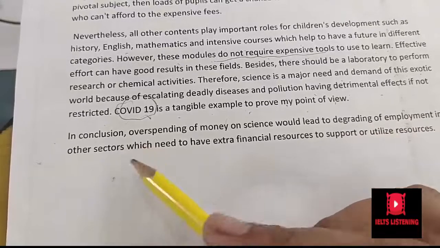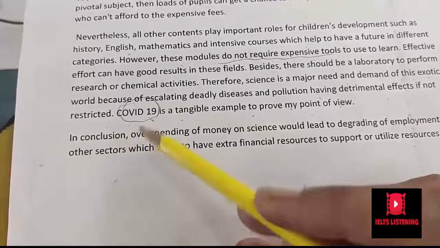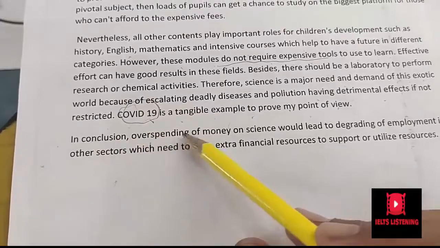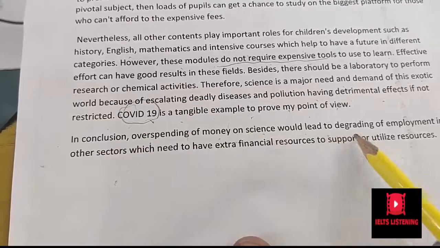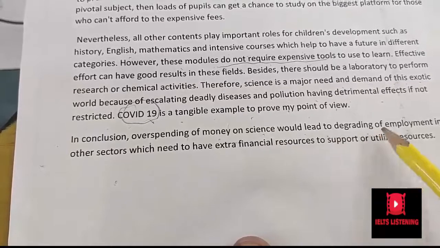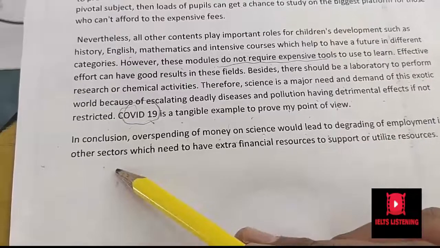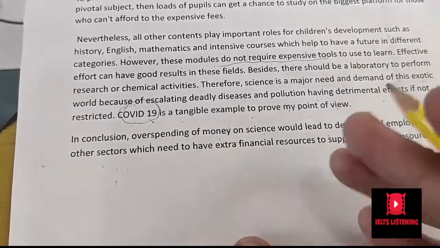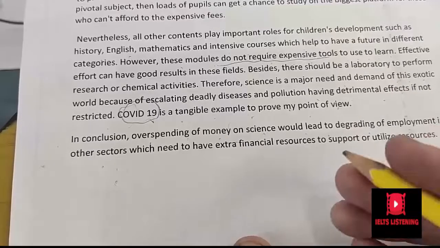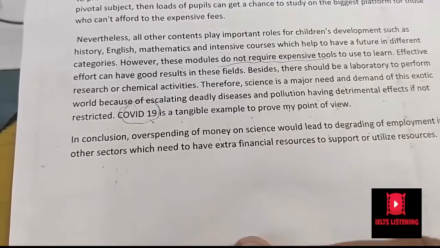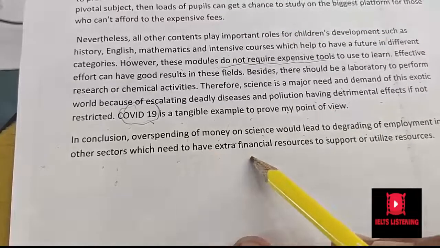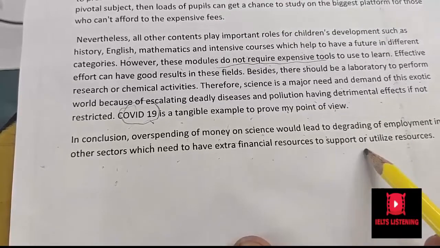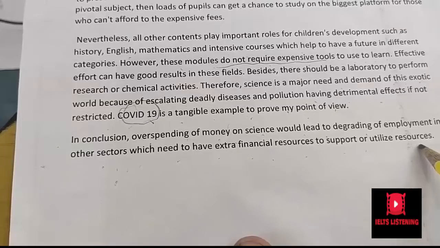In conclusion, I have a conclusion here. Overspending of money on science would lead to a degrading of employment in other sectors. Means there would be no employment in other sectors if we give more money to science. But I don't think so, as they need extra financial resources to support or utilize resources.